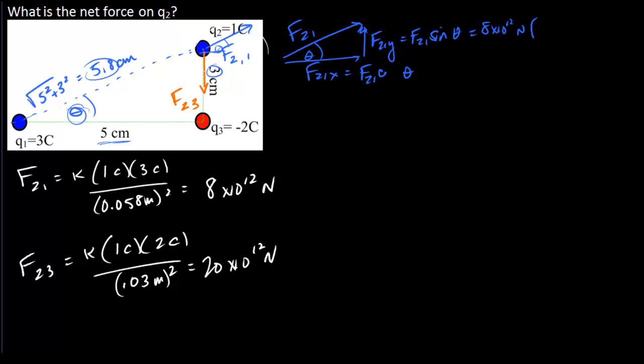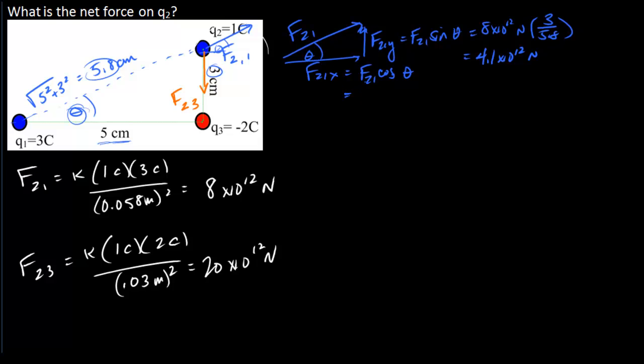That's sine and this one's cosine. So sine theta is opposite over hypotenuse, so it's really just 3 over 5.8. So F21y is going to be about 4.1 times 10 to the 12 newtons.